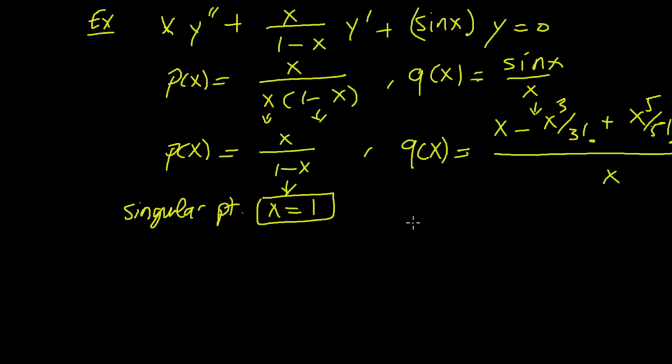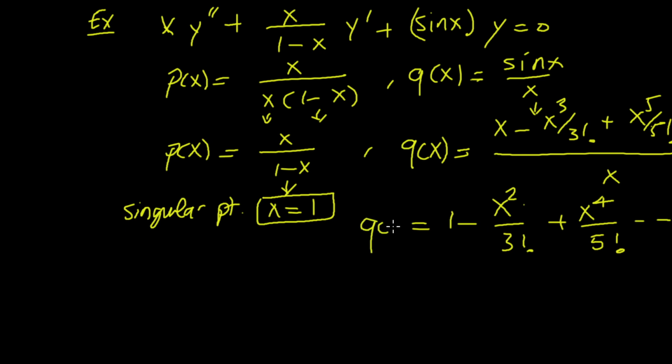So what happens is actually x can be simplified. So x divided by x is 1. Then this is x squared divided by 3 factorial plus x to the 4th divided by 5 factorial.